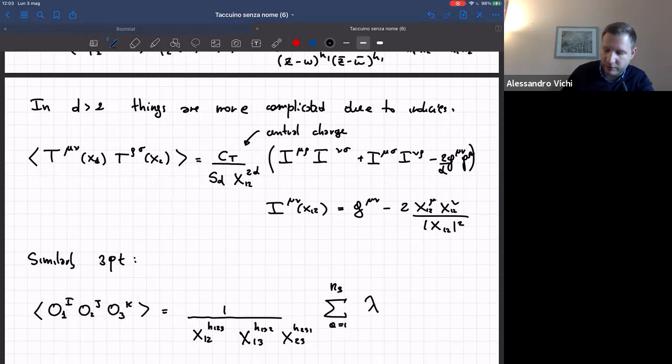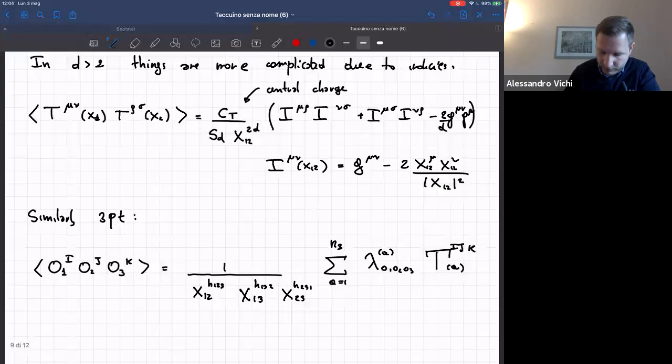Each one of these tensor structures will have its own three-point function coefficient, labeled by lambda O1, O2, O3 with an index A. And then there will be a tensor structure which reproduces the indices, which depends on the coordinates, of course, and the index A. So generically, this is very complicated. And N3, as I was saying, is fixed by SO(D) representation theory. You can work it out.